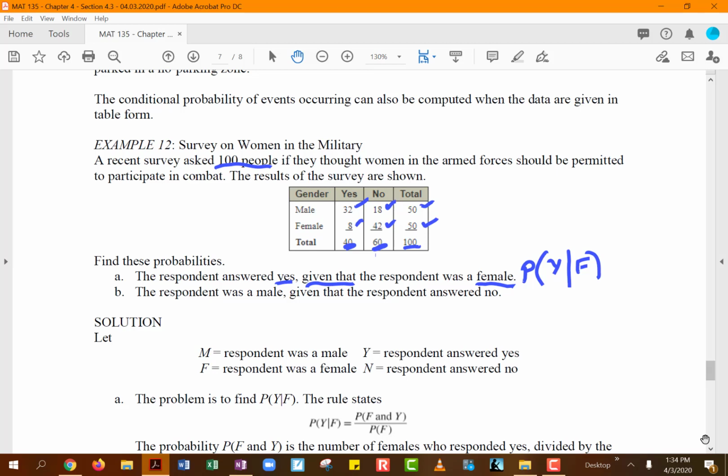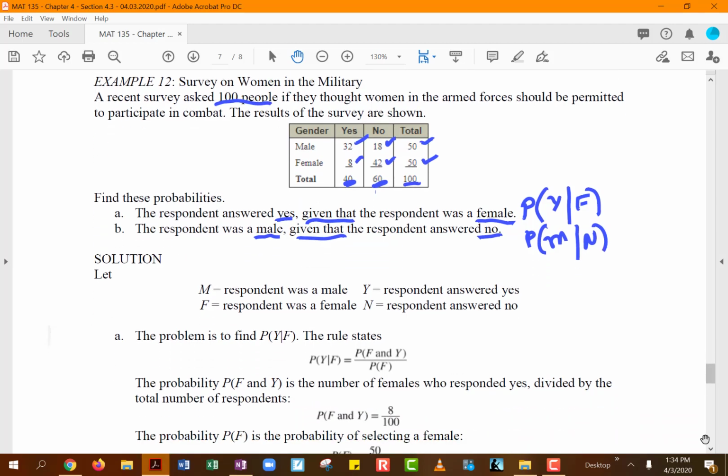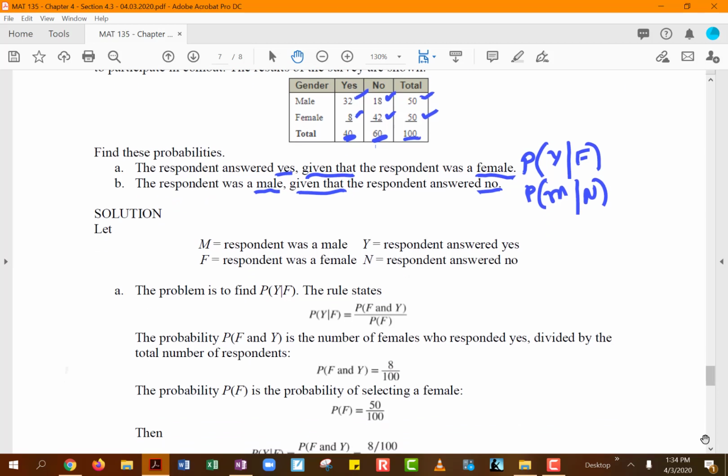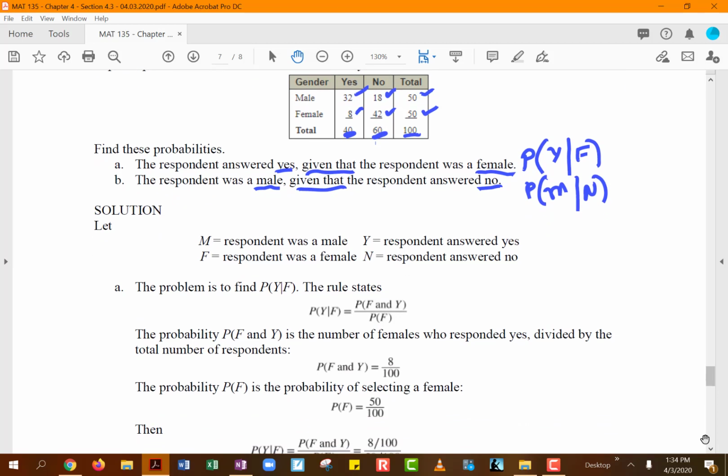And for the second one, they're saying the respondent was male, given that they answered no. So these are the two conditional probabilities you're finding here. And then as you can see, we have defined M for male, F for female, Y for yes, and N for no, right? Pretty standard.